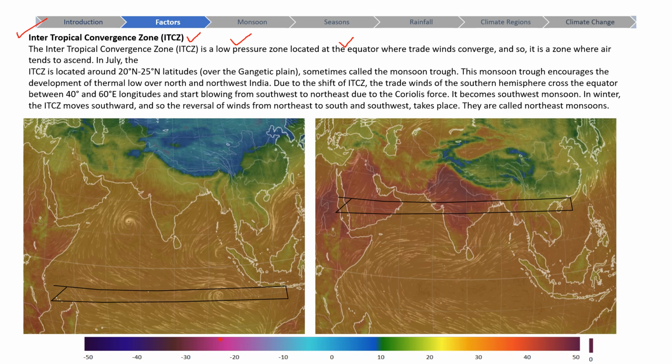In summer the ITCZ position is 20 to 25 degrees north. 20 to 25 means around this area. So ITCZ here means low pressure.